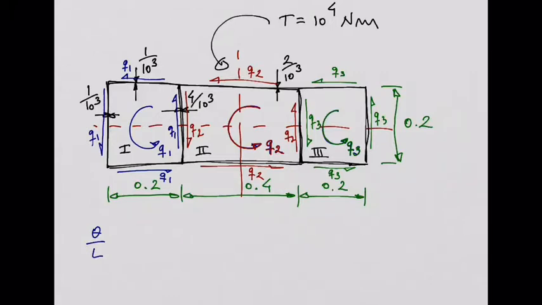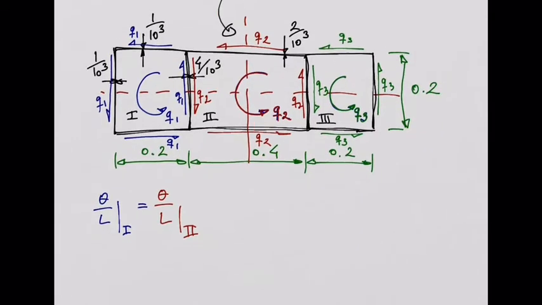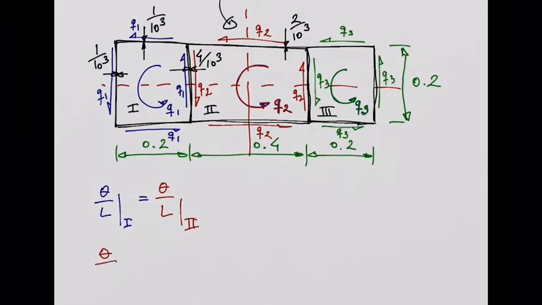So the gradient of twist for cell number 1 will need to be equal to the gradient of twist for cell number 2. Okay? And we will have another equation that is going to tell us that the gradient of twist of cell number 2 will have to be equal to the gradient of twist of cell number 3.